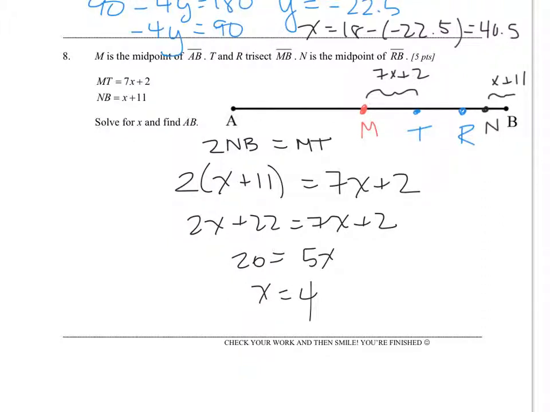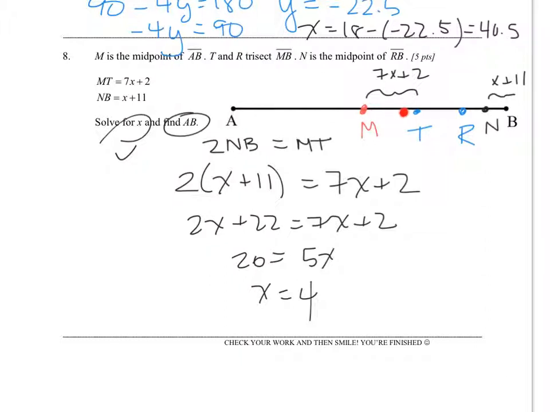But the question was not what's the value of x, it's find AB, right? First we solve for x, which we did. Now find AB. Well, that's this entire length. AB is this entire length. So you have a couple of options here. Once we solved for x, you could substitute it into this expression for MT, and then just notice the relationship between MT and the entire line, right?